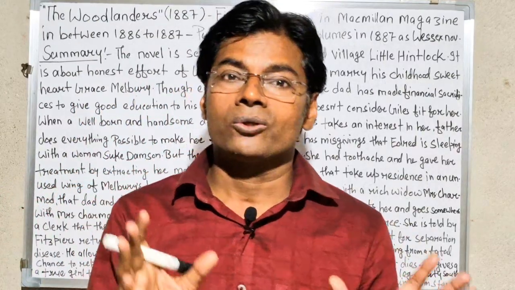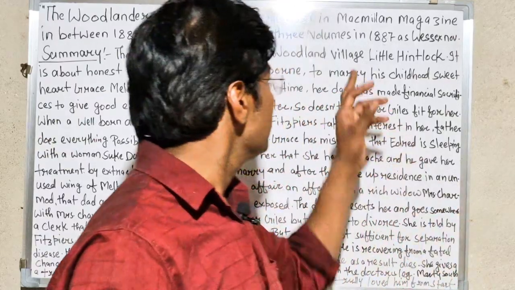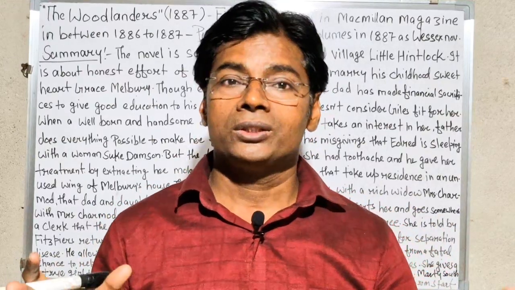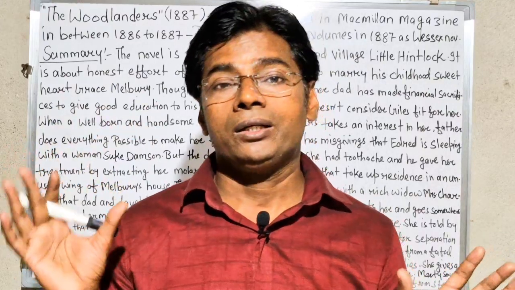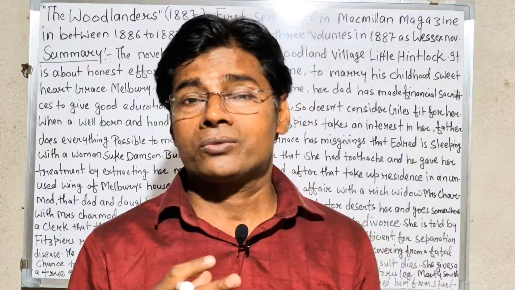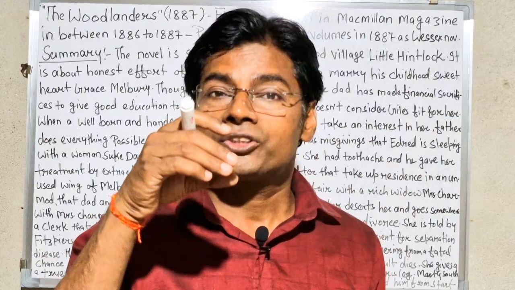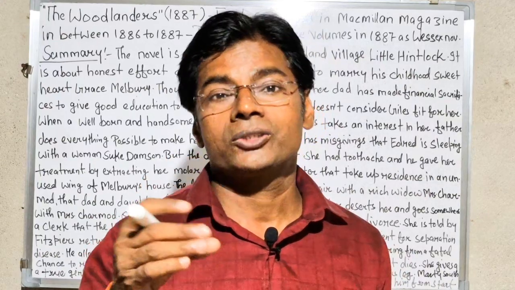The setting of the novel is a woodland village called Little Hintock. It means all around this little Hintock, this small village, there is jungle, there is forest, and it wouldn't be wrong to say that this small village is located right in the center of the woodland area.